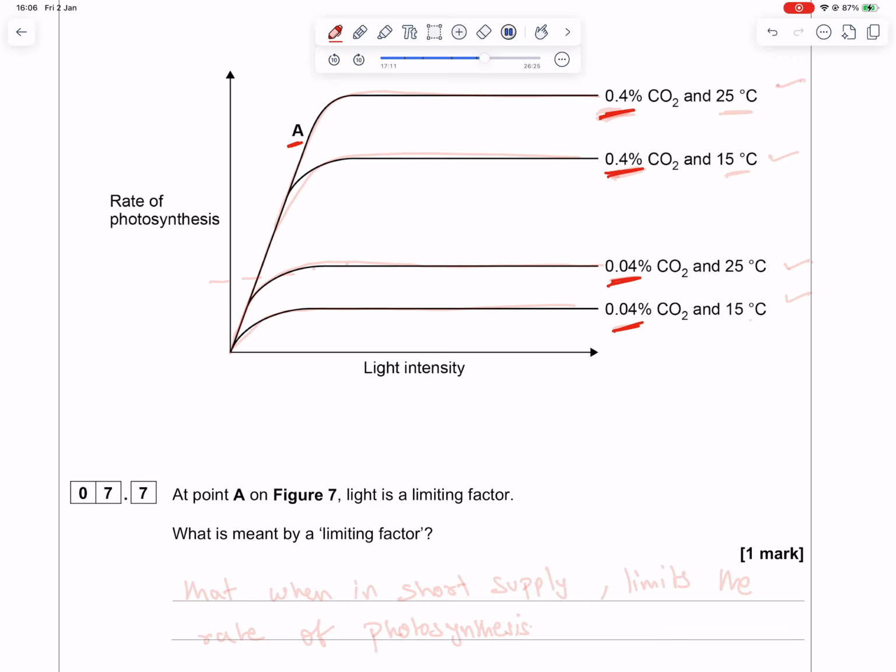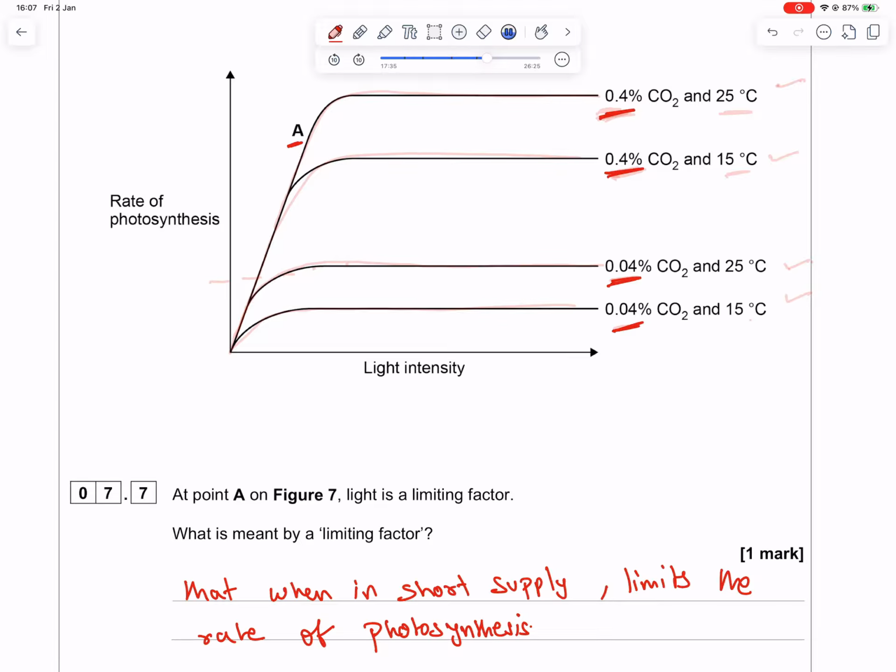So a limiting factor is a factor that, when in short supply, limits the rate of photosynthesis. That is what a limiting factor is.